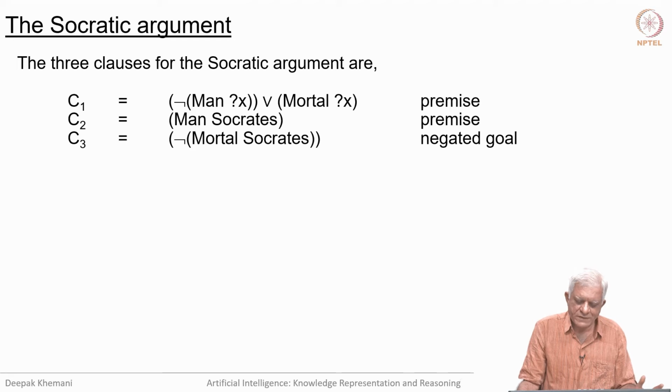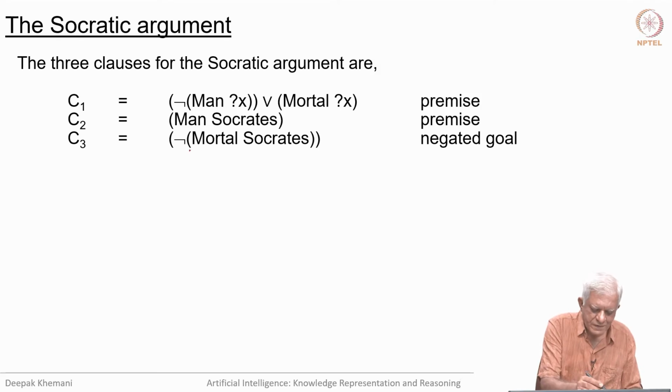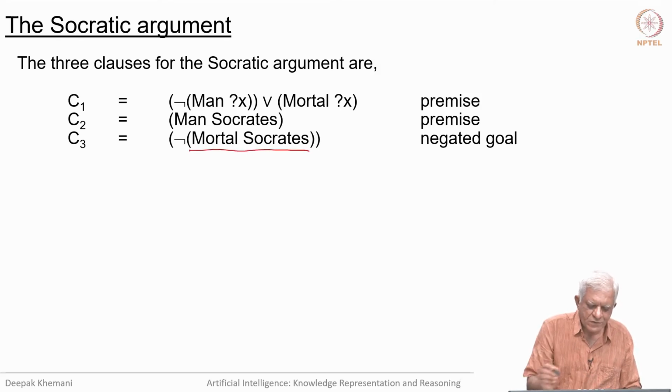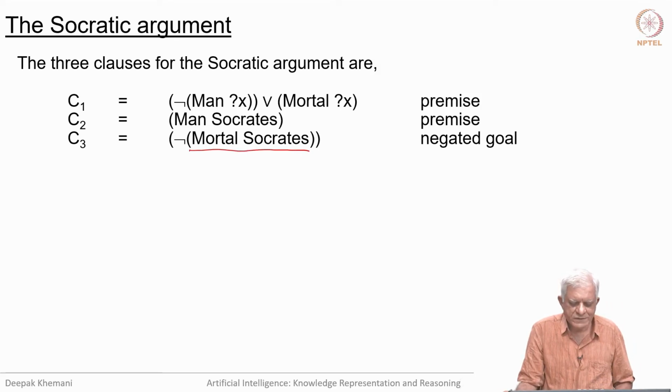Clause 2 is man Socrates, and the negated goal that we have added is not mortal Socrates. What we want is that mortal Socrates; this is the goal, and we negate it and add it to the set.